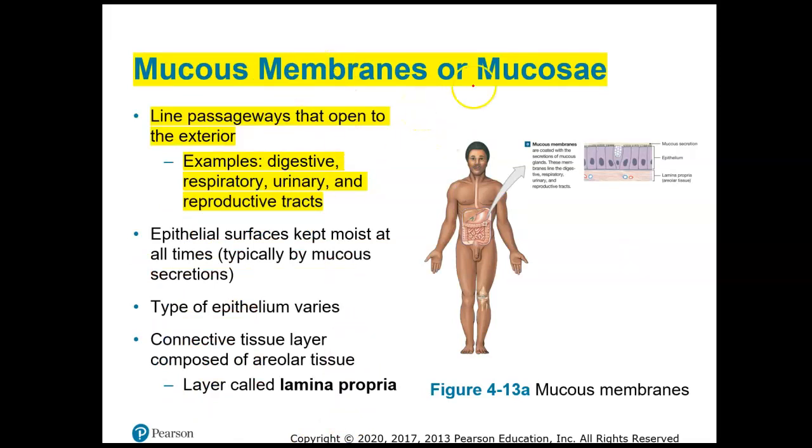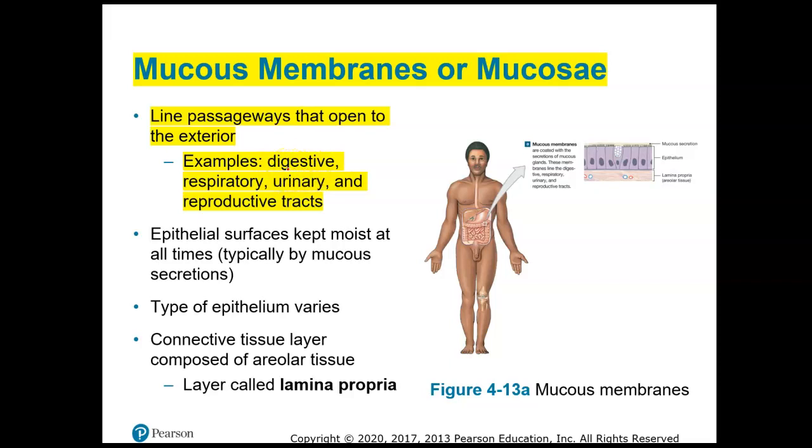Mucous membranes, which we also refer to as the mucosae, line passageways that open to the exterior. Examples would be for the digestive system, the anus would be lined by mucous membranes. The respiratory tract, the nasal cavity, would be lined by mucous membranes.